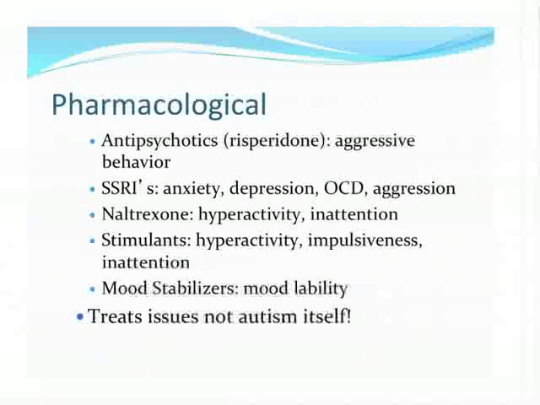Lastly, mood stabilizers are another class of medication that are originally utilized for managing seizures or managing bipolar disorder. They've been utilized, again, to help out for individuals with autism. Again, not treating autism, but treating any sort of lability or mood variation, mood fluctuations for children with autism.